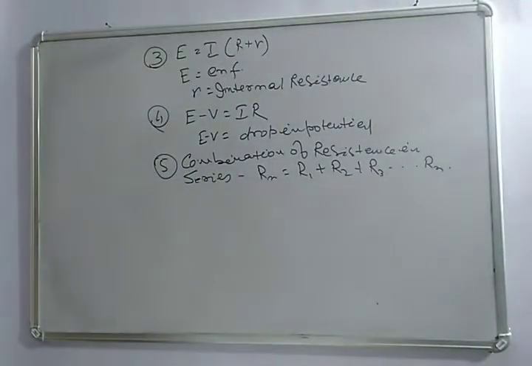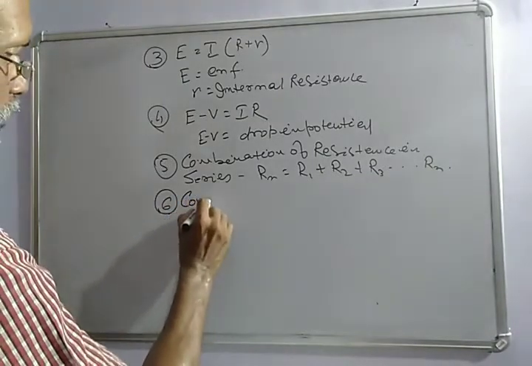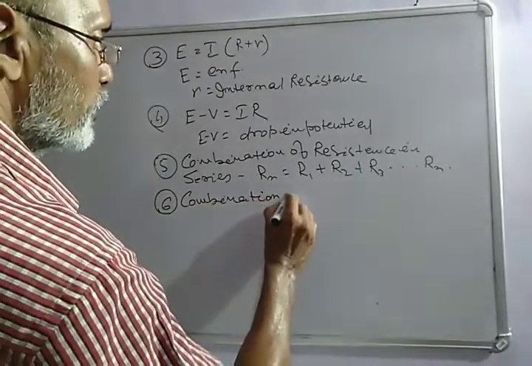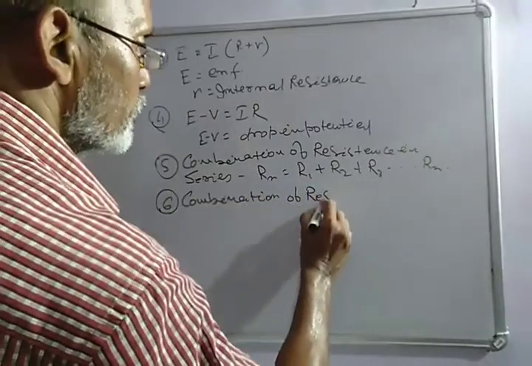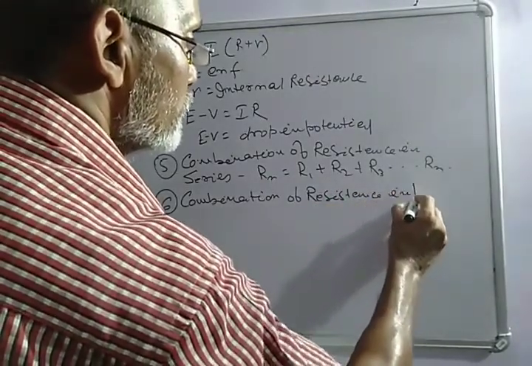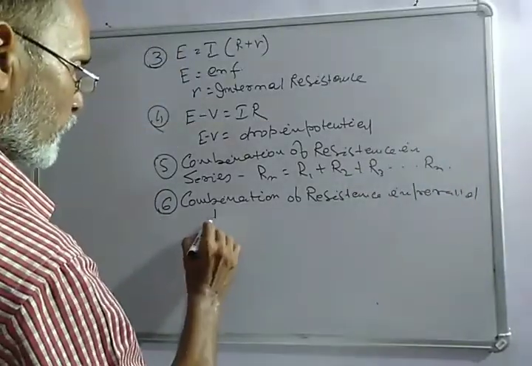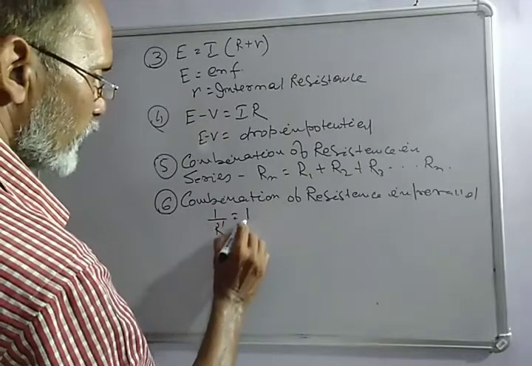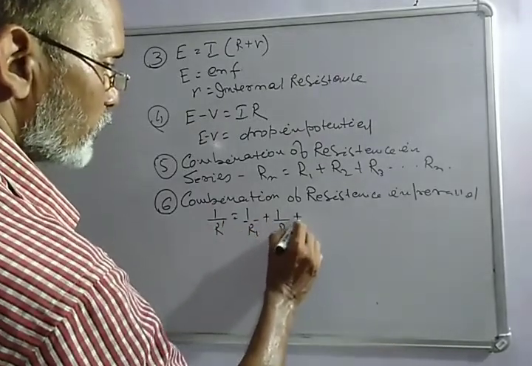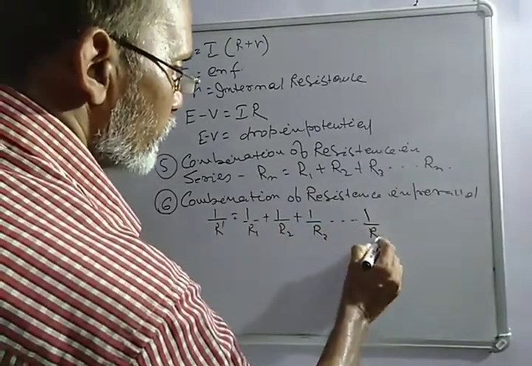Then combination of resistance in parallel: 1 by R' is equal to 1 by R1 plus 1 by R2 plus 1 by R3 till 1 by Rn.